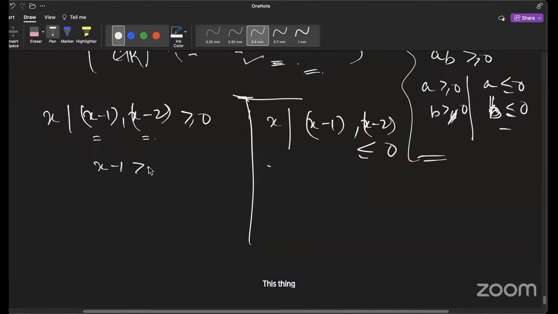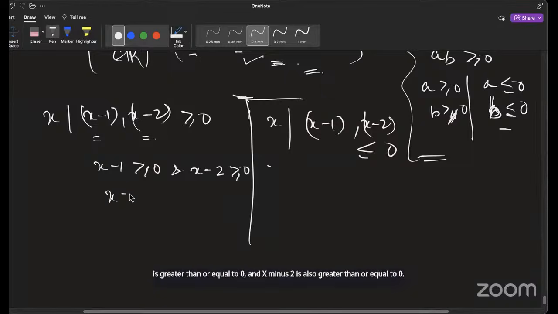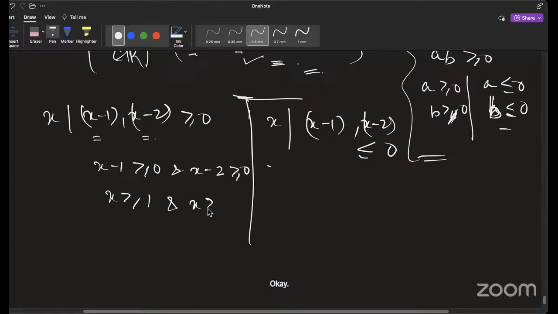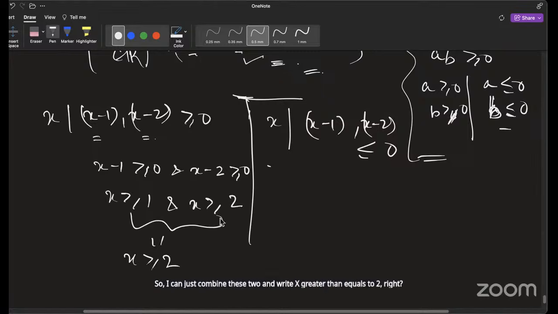You need to find x such that x minus 1 is greater than or equal to 0 and x minus 2 is also greater than or equal to 0. This gives you this thing, and this gives you this thing. So I can just combine these two and write x greater than or equal to 2, right? If x is greater than or equal to 2, then it's obviously greater than 1. So this is the condition that you get on x.